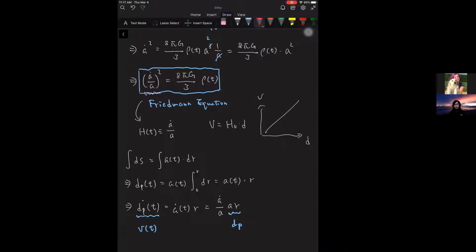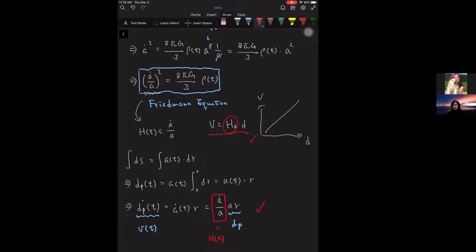So now it should be very easy to identify this term as the Hubble parameter. You can see this equation here is in the same form as Hubble's law. So the a dot over a term is just like the Hubble constant, but varying with time. So we call it the Hubble parameter.